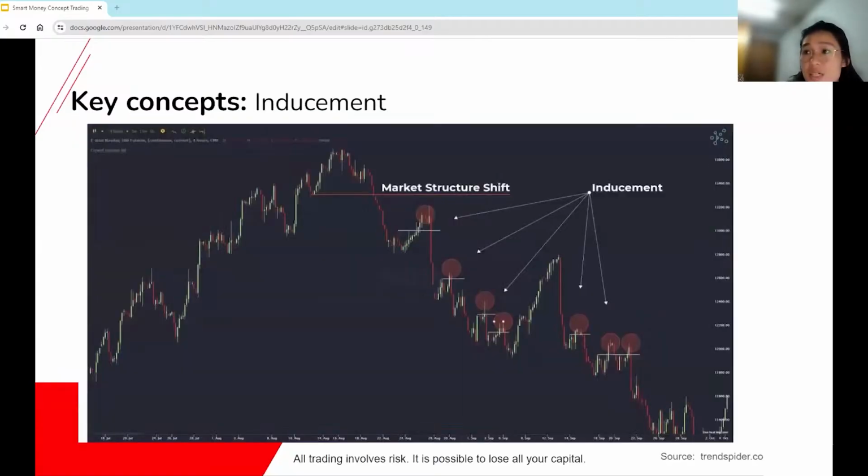Okay, so you can see here, our market structure shift starts about here, when price breaks below this swing low. So we can see this downtrend start. There's an uptrend until there is a recognizable switch, which gives us our market structure shift.